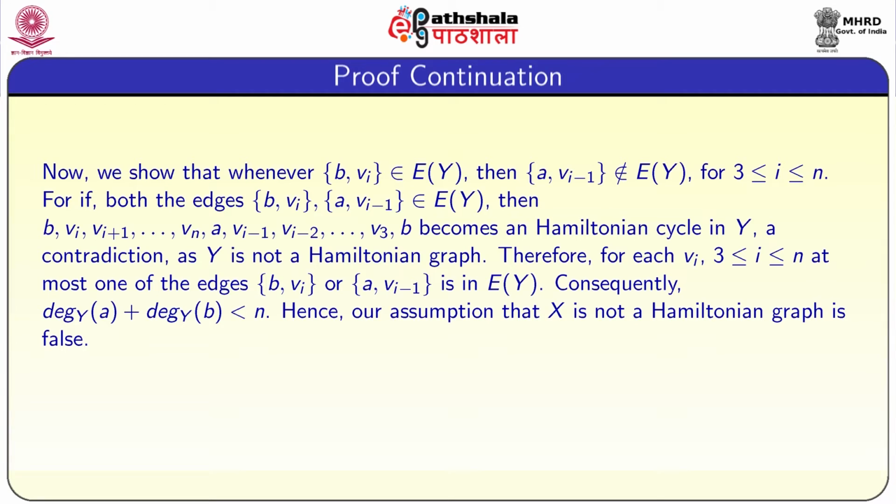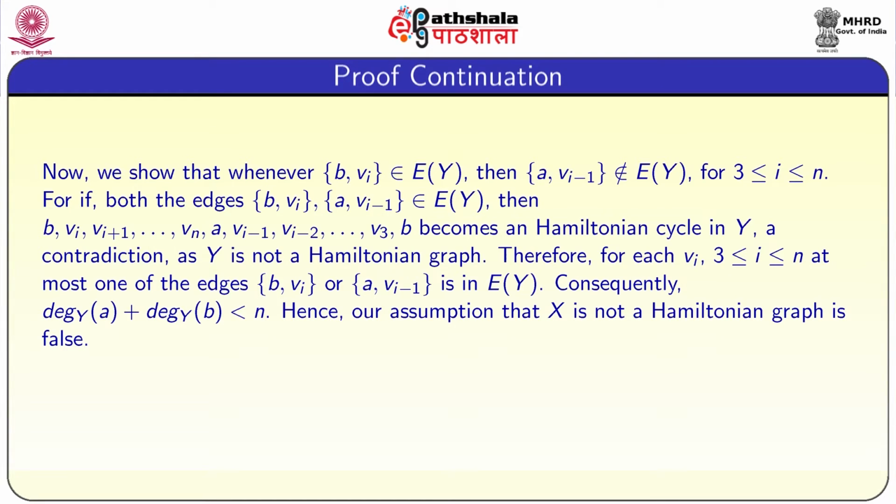Now we show that whenever b vi is an edge of y, then a vi minus 1 does not belong to E of y, that is, a vi minus 1 is not an edge of y, for 3 less than or equal to i less than or equal to n.